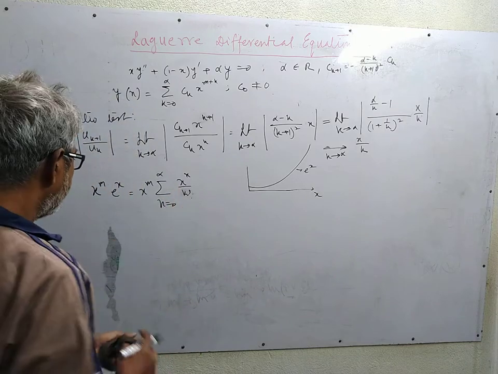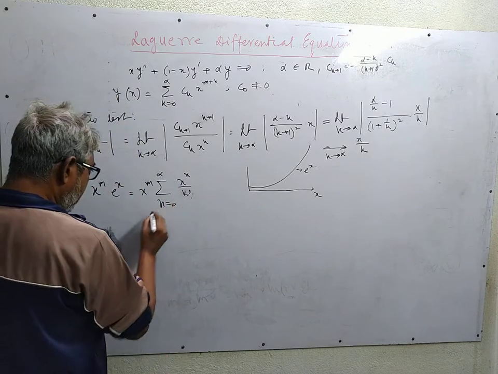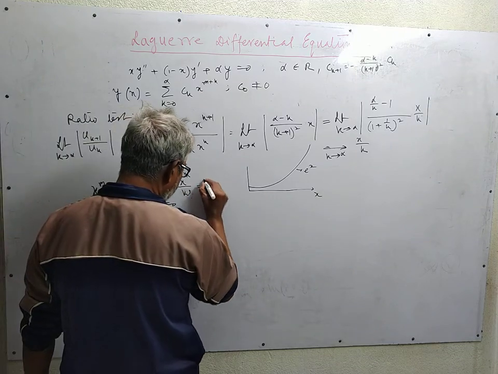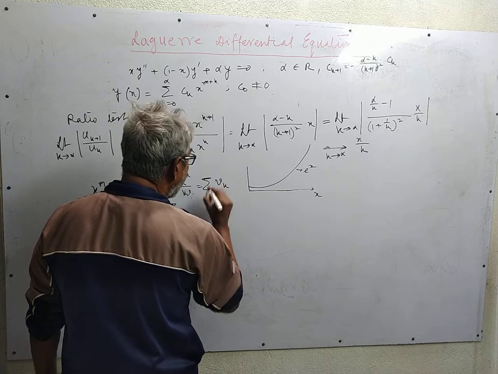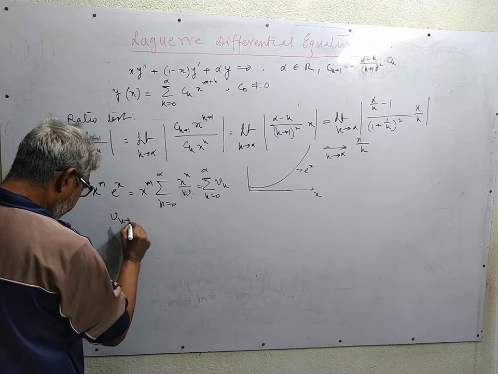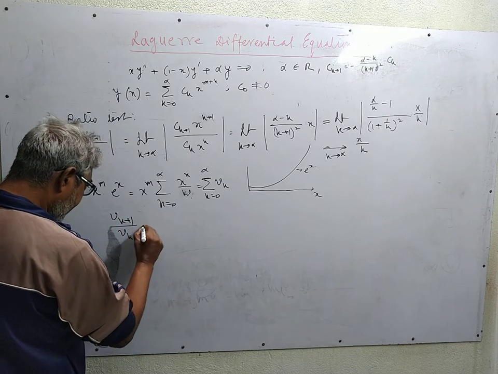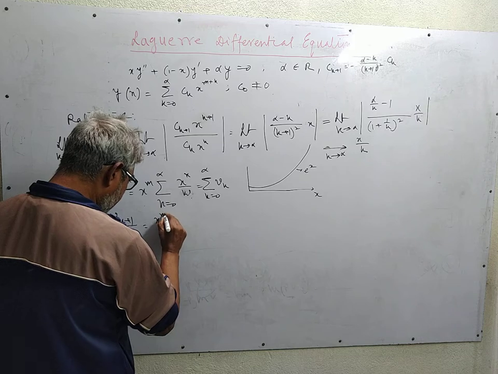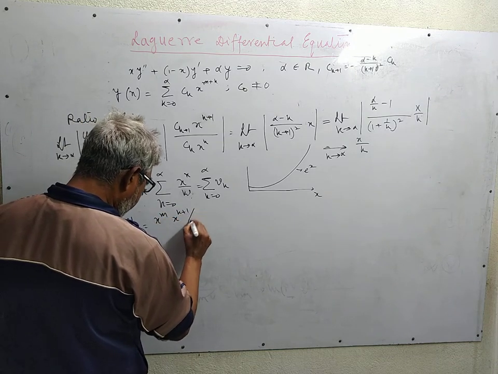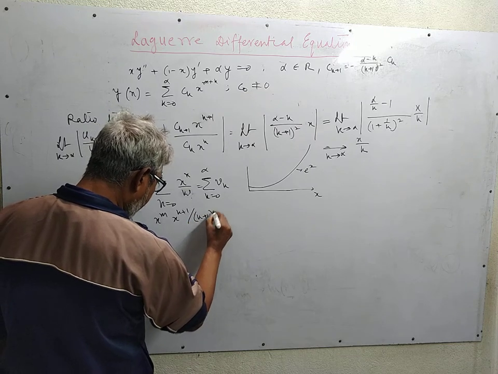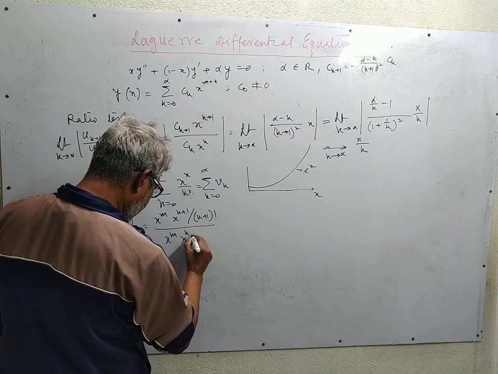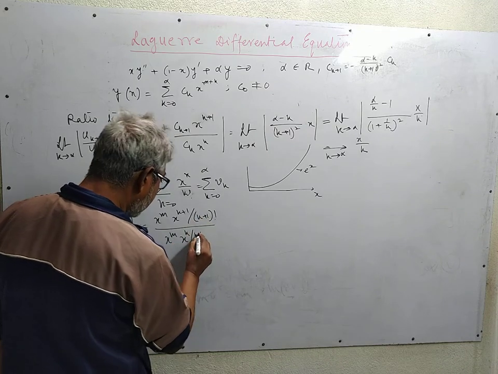And if we take the ratio of two consecutive terms, if we call the term v_k, summation v_k, k equal to 0 to infinity, then v_(k+1) by v_k is equal to x to the power m x to the power k plus 1 by k plus 1 factorial, divided by x to the power m x to the power k by k factorial.